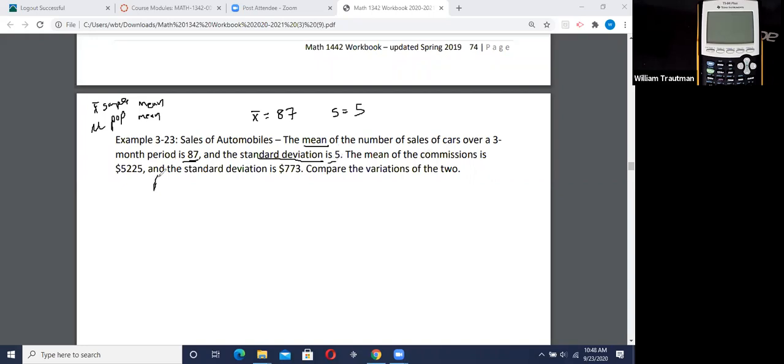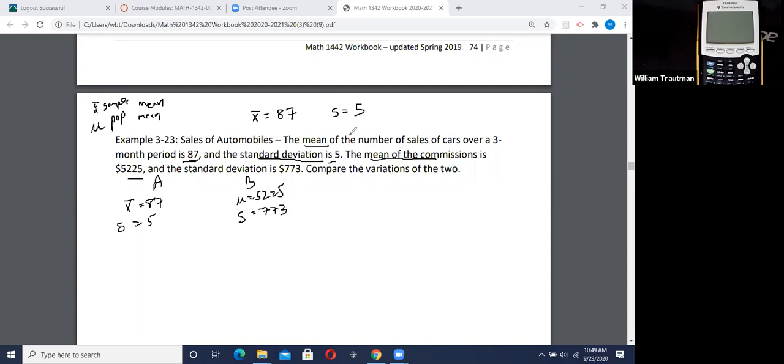So that's A. The mean is 87. Standard deviation is 5. Then it says on the second, the mean commission is 5225 and the standard deviation is 773.